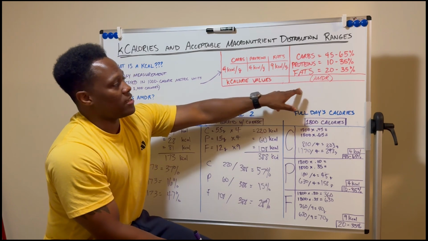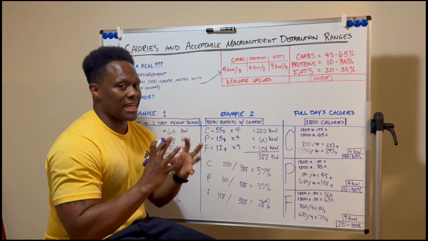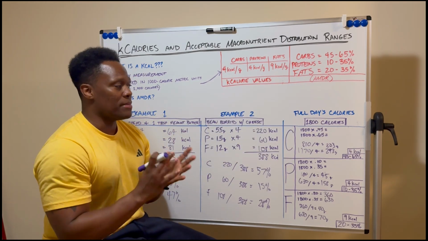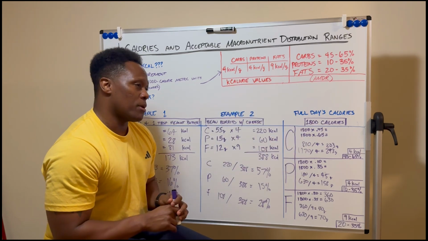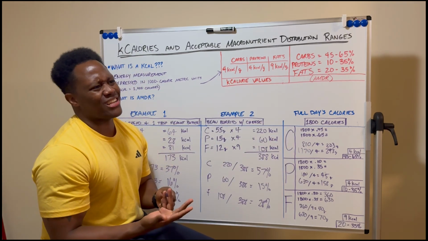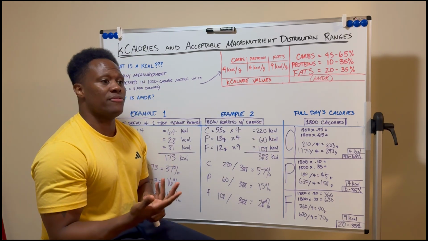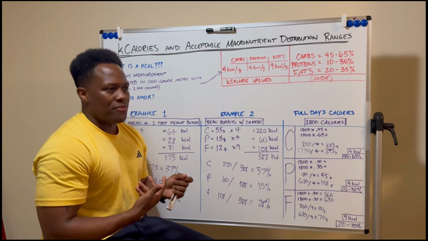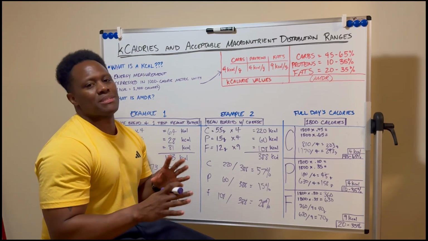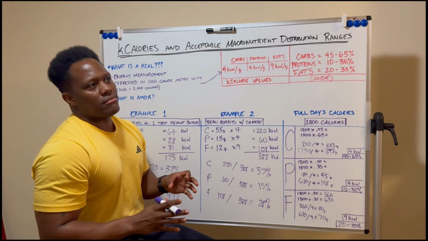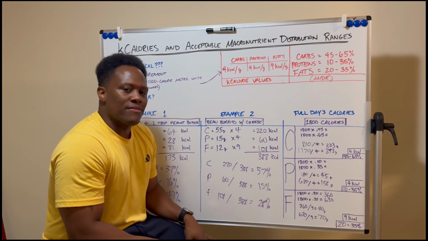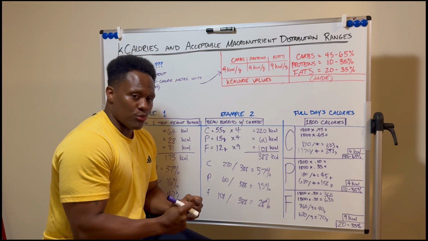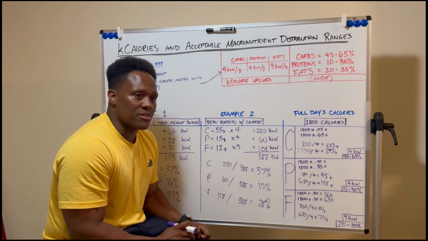These are the ranges that should come from your total caloric intake. So if you're eating 3 meals a day, that's something you do want to be mindful of. Or even if you just eat 2 meals, or, of course, 4, 5, 6. But if you're eating 5 or 6 meals a day, the only people I've really seen do that are those really into physical activity, really into fitness.